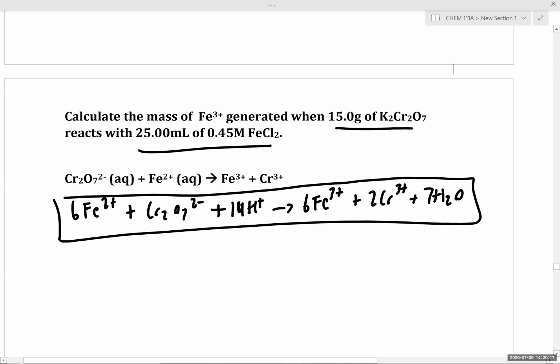And we'll discuss this example in another minute and a half.